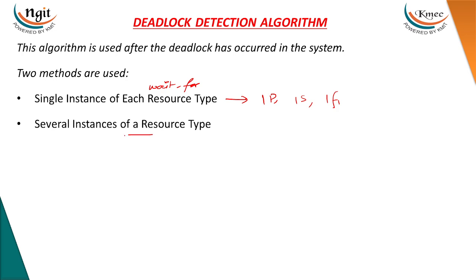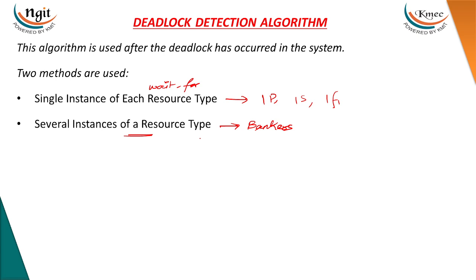And if the system has multiple instances of each resource, then we will use a modified version of banker's algorithm to detect whether the system has a deadlock or not. If there is a deadlock, then there should be a recovery procedure. There are two recovery procedures we will see later.